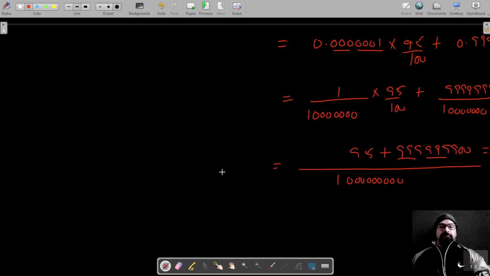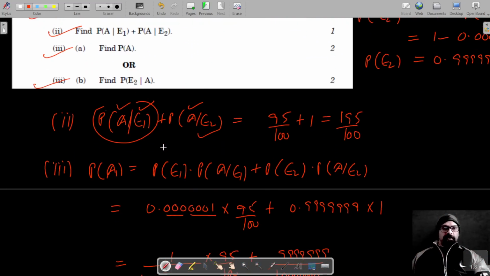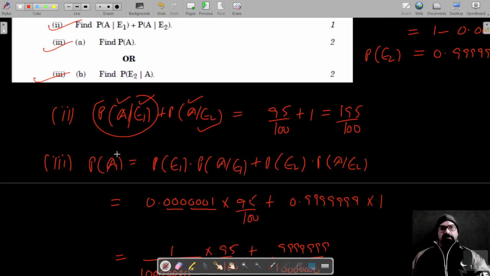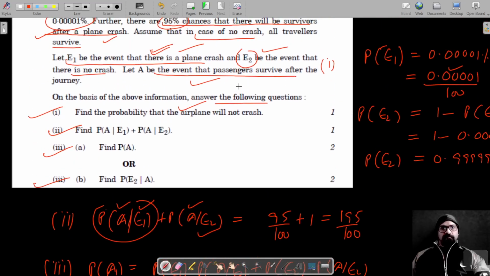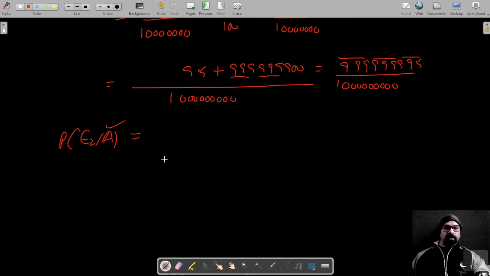Now for the next part, we have to find the probability of E2 by A. That means the passengers have survived, and we have to make sure that E2 has happened, that is, there is no crash.